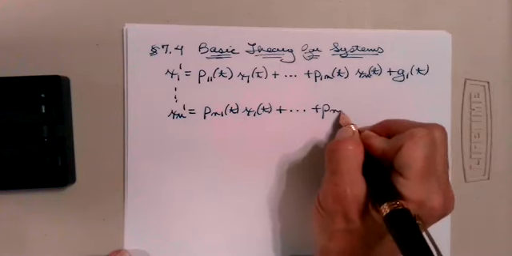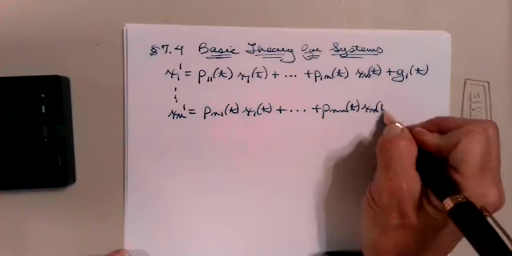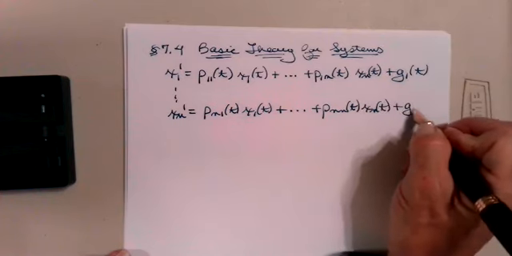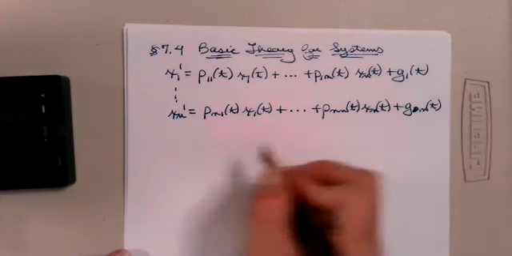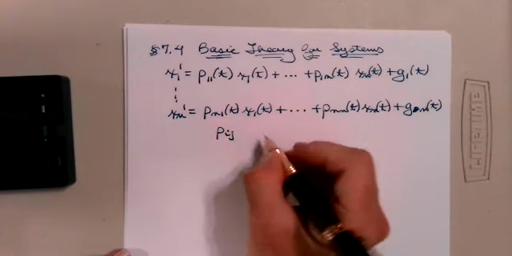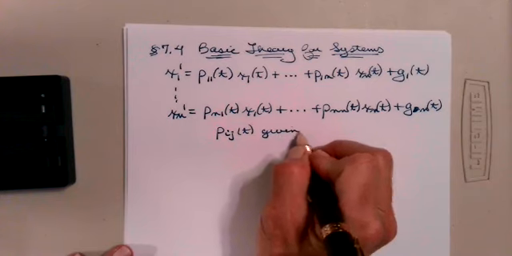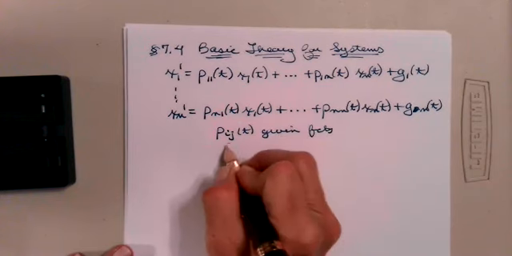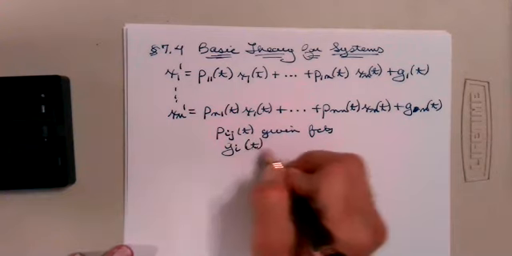When you do it this way, the way we're writing this system, it's in the form of a linear inhomogeneous system, Gn of t. So the Pij's of t are given functions, and Gi of t is known.